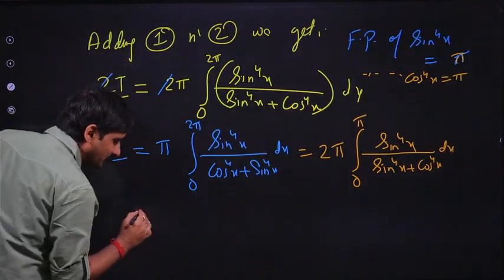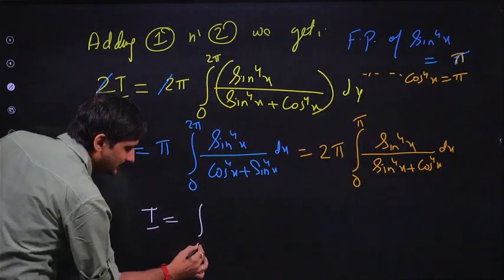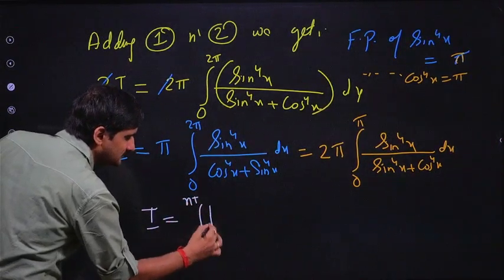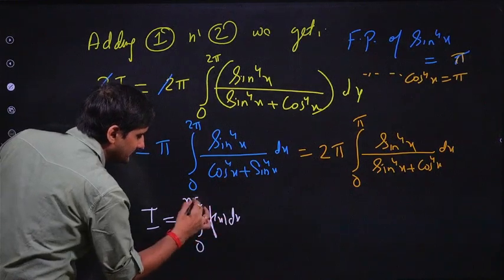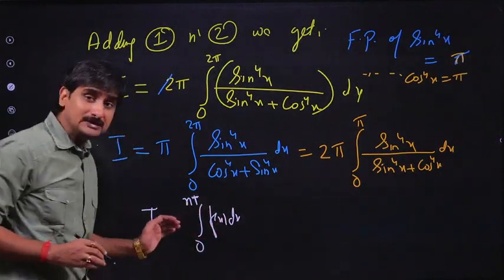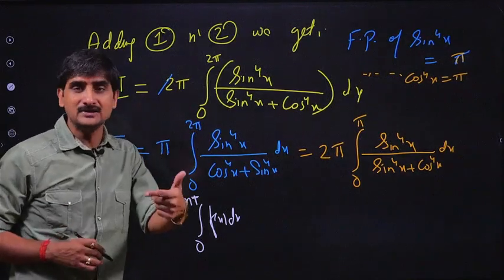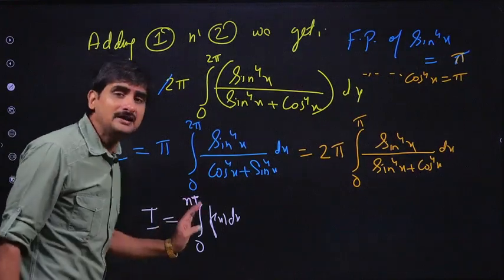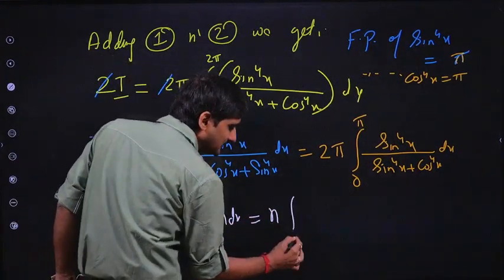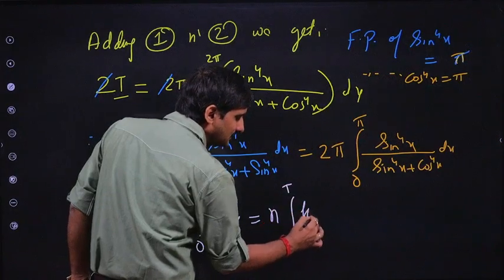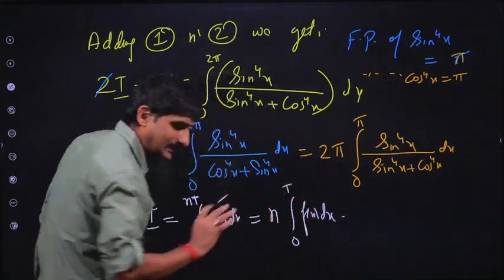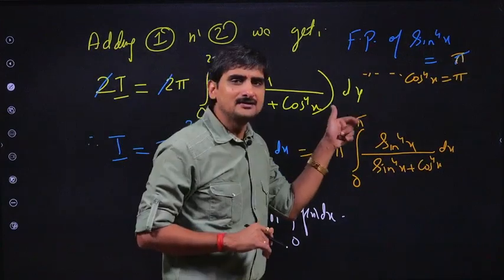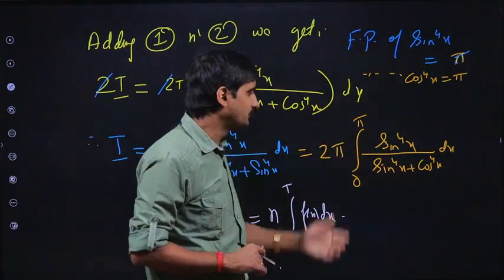The property says, if T is the fundamental period of the function f of x, and the integral goes from 0 to nT, n being an integer, a natural number preferably, we can write it as n times the integral from 0 to T. I am repeating, where n is a natural number. That's it. So 0 to 2 pi is 2 times pi, so I took 2 outside.